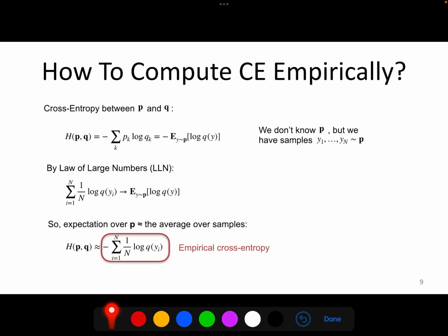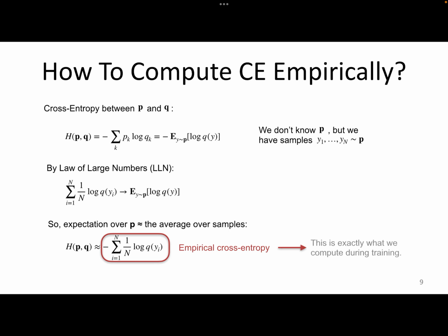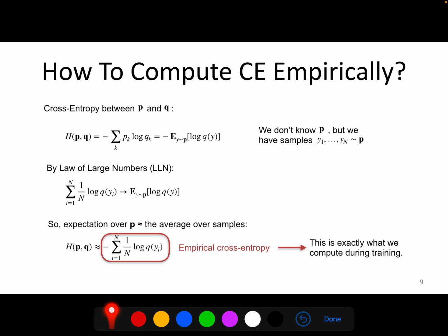This is called the empirical cross-entropy. And this is exactly what we compute during training.